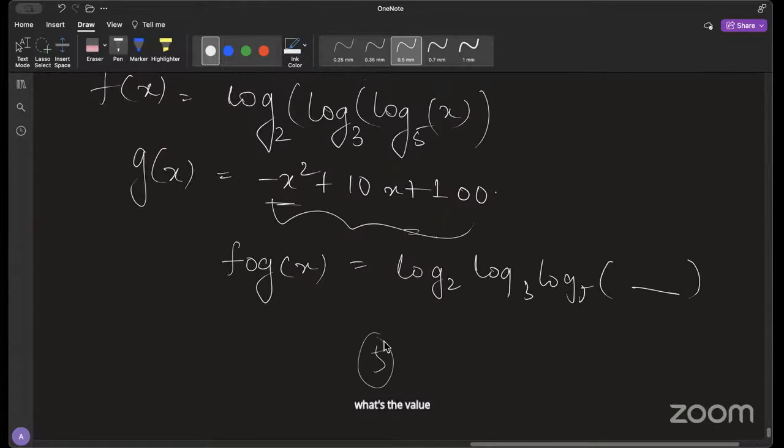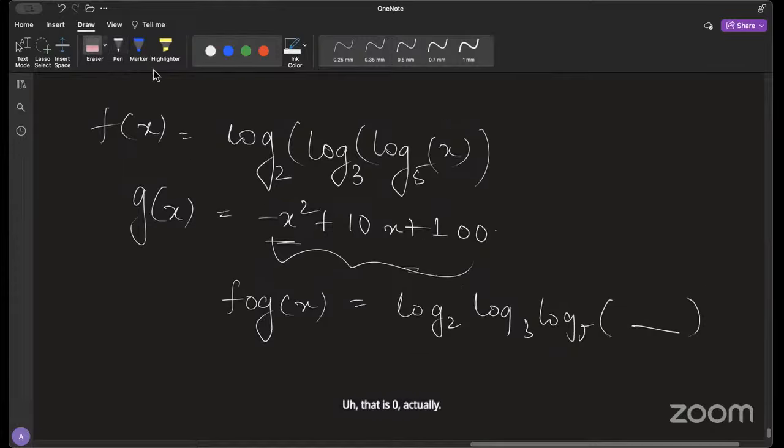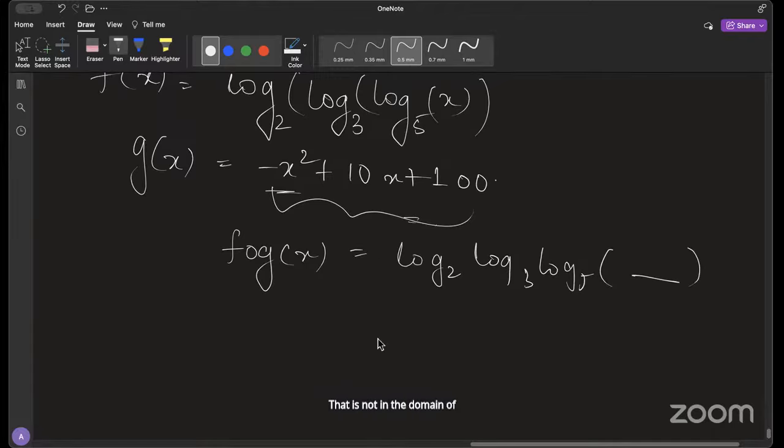What's the value at 5? That is 0 actually, and the answer is given to be 0, but 5 is not in the domain of FOG of x. The domain should be strictly greater than 5.